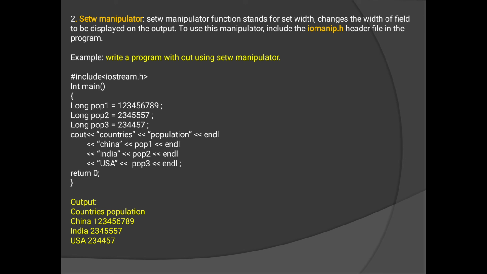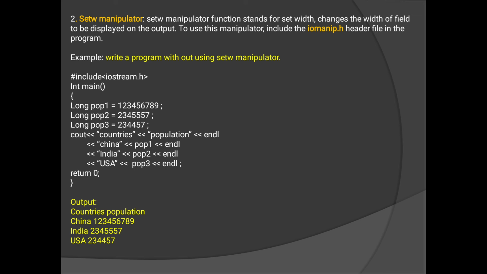Under population, the values assigned to pop 1, pop 2 and pop 3 will be displayed. So what is the use of this NL? NL will make sure that the values stored in pop1, pop2 and pop3 and the string values China, India and USA will be printed out in the next line.